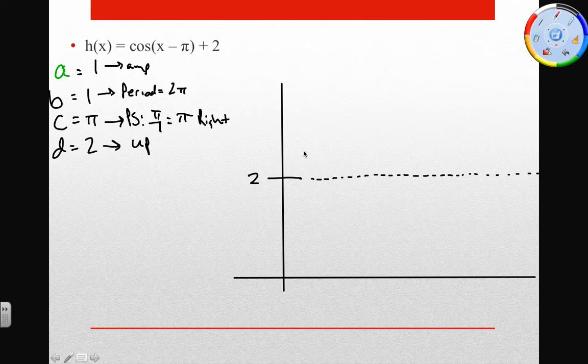Meaning everything is based off of this line, not my x-axis down below. Then my amplitude is 1, so I need to go up 1 and down 1 from 2. So my entire graph goes between 1 and 3 here.